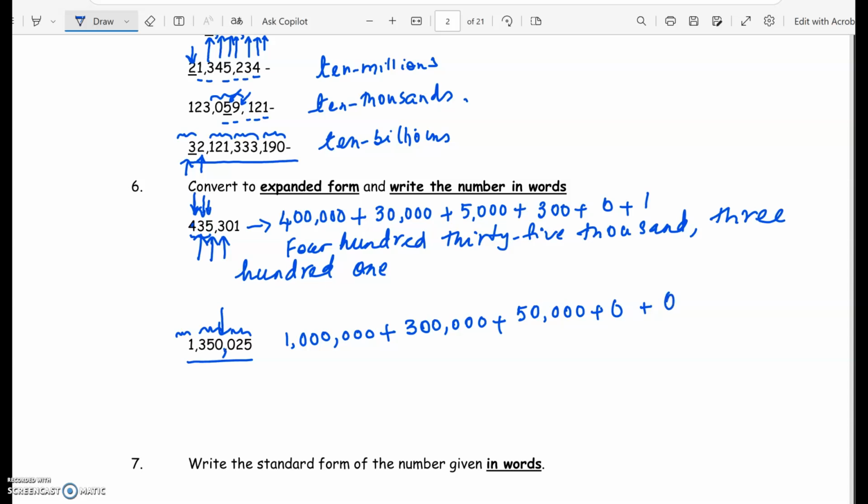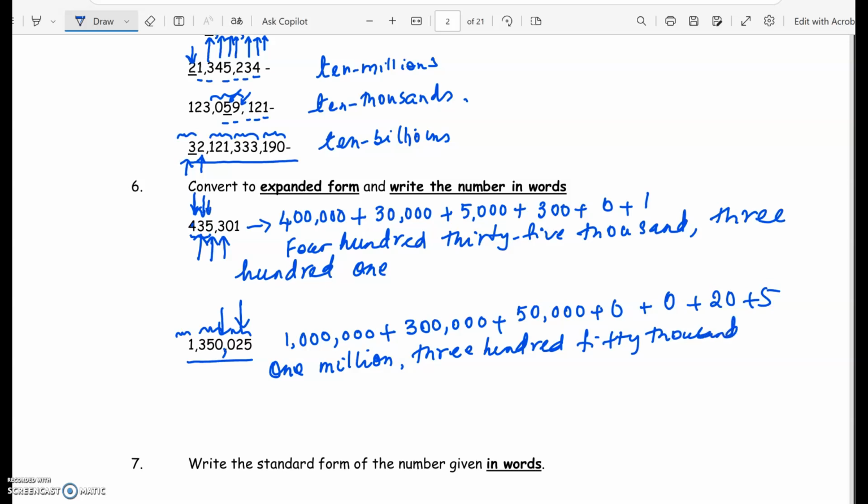The hundreds place is a 0. Then we have a 2, which is in the tens place, so it's a 20. And then of course a 5. When we add all these numbers, we get 1,350,000 and then the last period, which is the ones period, which is 25.